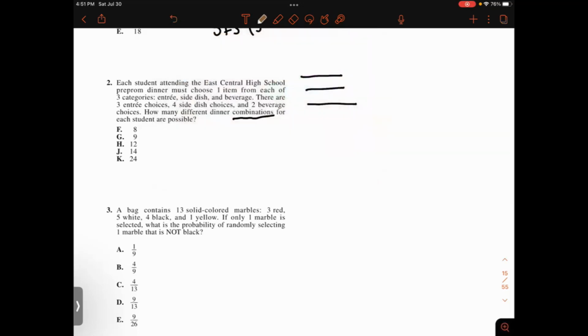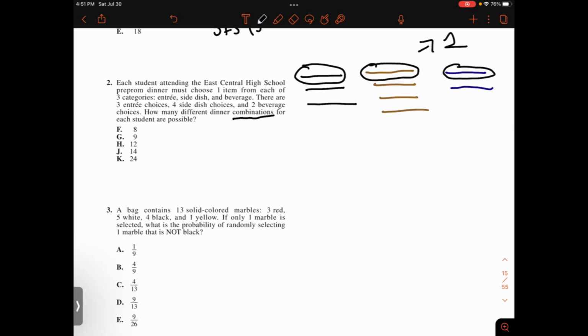We have 4 side dishes, so I'm going to draw 4 lines that represent side dishes. And we have 2 beverages, so I'm going to draw 2 lines to represent beverage. If I'm having a meal, I want 1 entree, 1 side dish, and 1 beverage. That is already 1 combination.